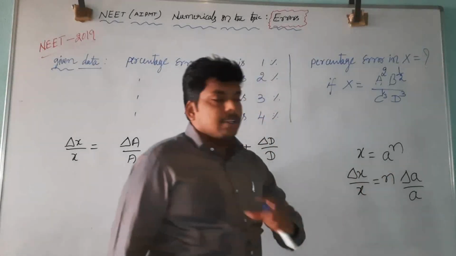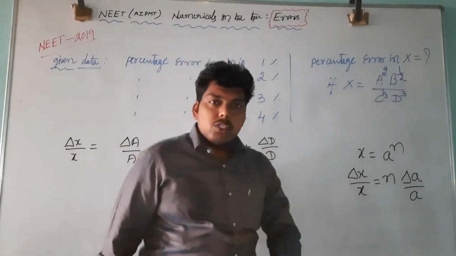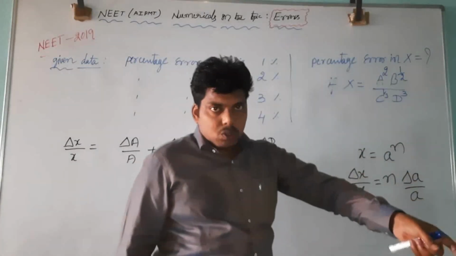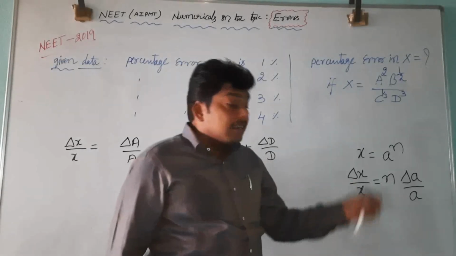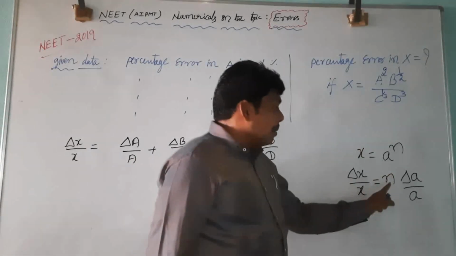We should not consider the sign of that one. Even though if minus 2 is there, you take 2. If minus 4 is there, you take 4. Means that we should neglect the sign while taking the power of that one.